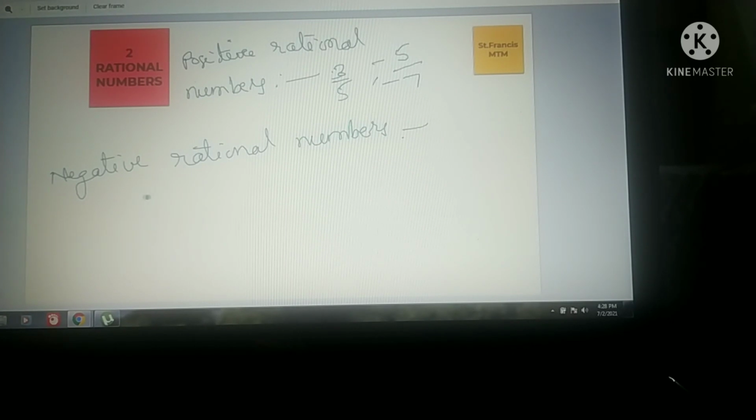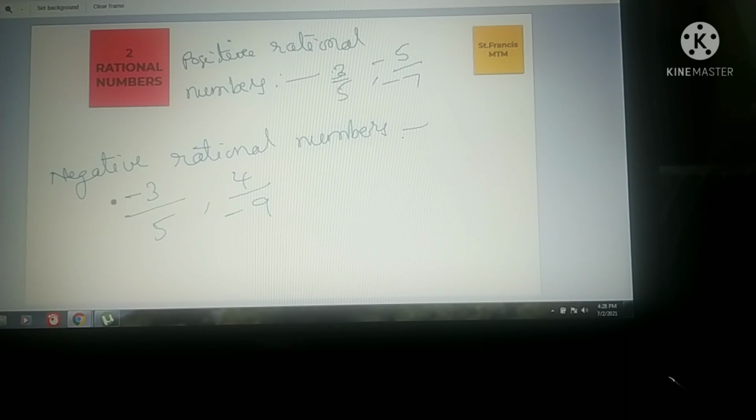Now we'll come to the negative rational numbers. Either you have a negative sign in the numerator and a positive sign in the denominator. You can have one positive sign and one negative sign, and that time your result is negative only. For example, 4 divided by minus 9. So you can also have it like this.